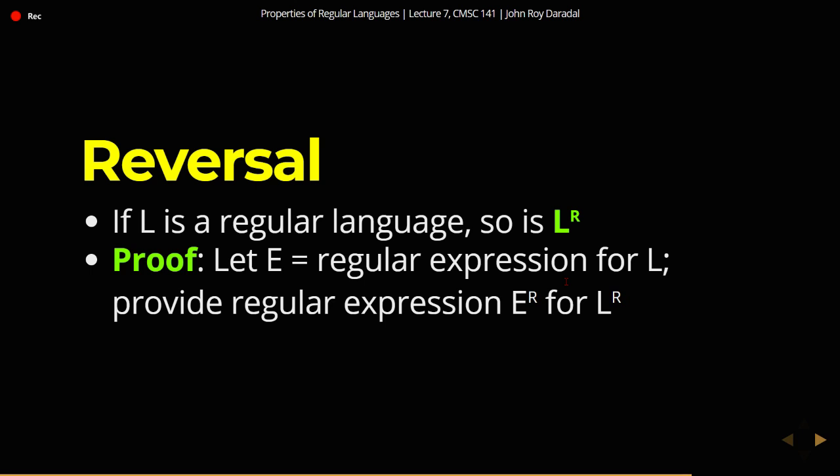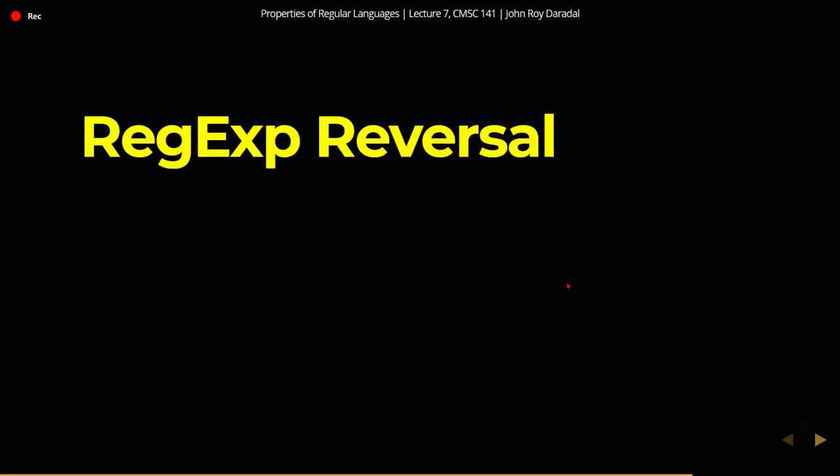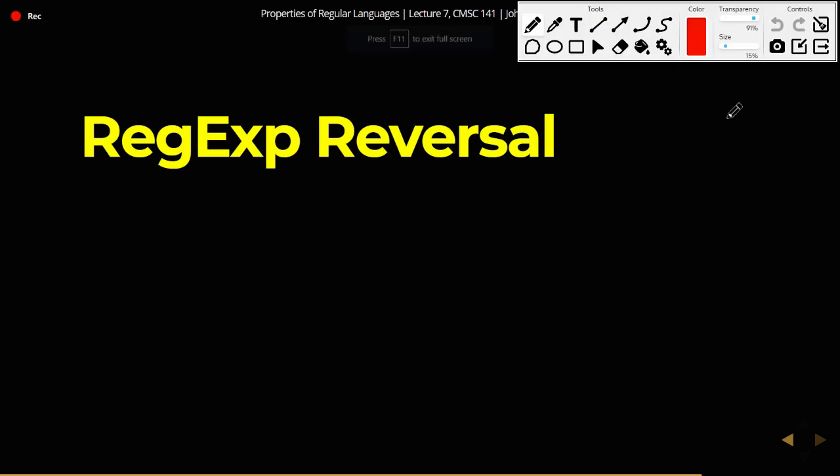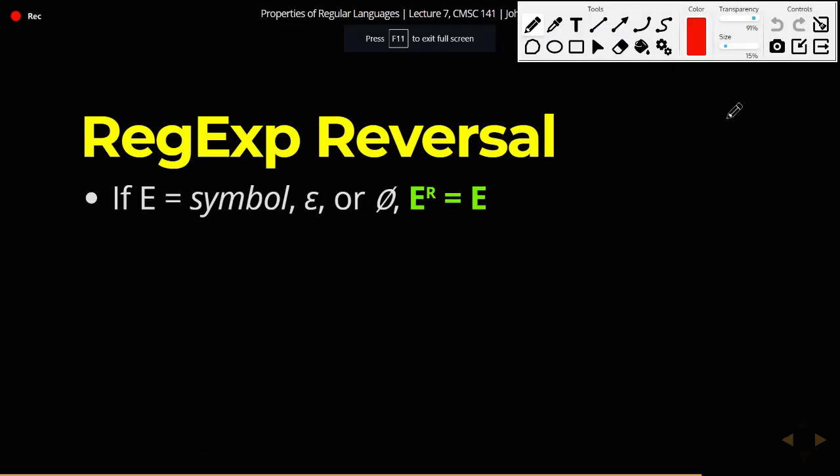We'll use the regular expression for L, which we'll call E, and we'll provide a regular expression for the reversal by following these steps.